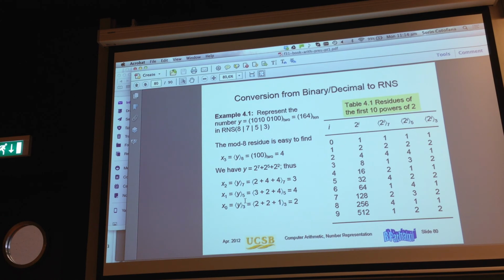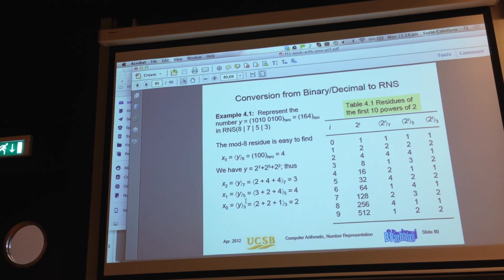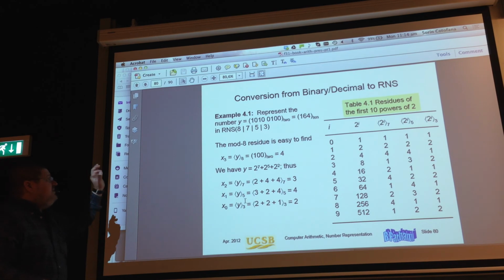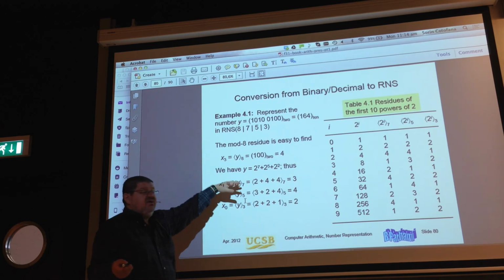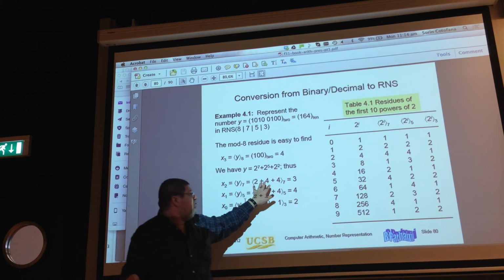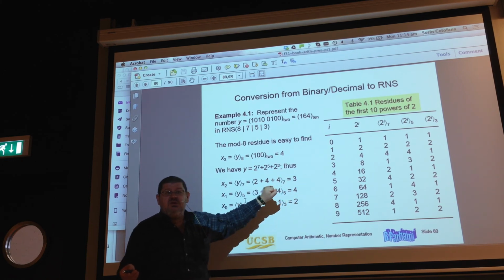I'm not doing division. Normally, if I just follow the book of the RNS representation, I'm saying 164 divided by 8 will give me a remainder of 4. Then I make a division. You don't do that. That's simple. For 8, it's just trivial. For 7, I don't divide by 7 and get the remainder. I do 3 lookups, addition, modulo.